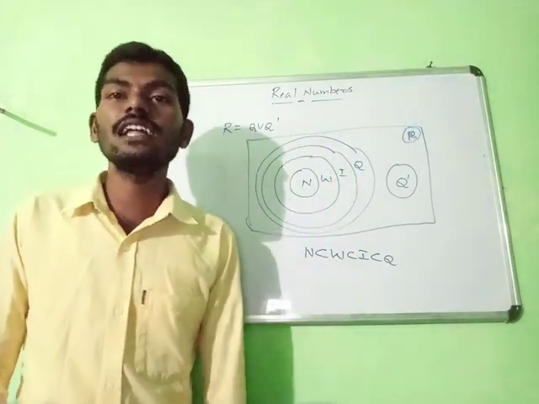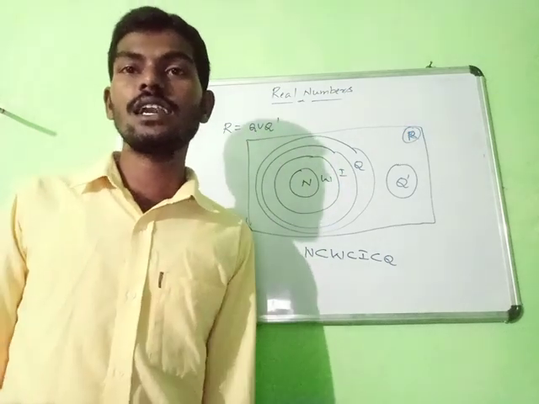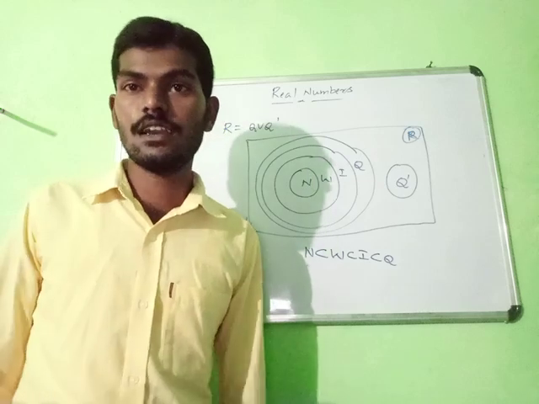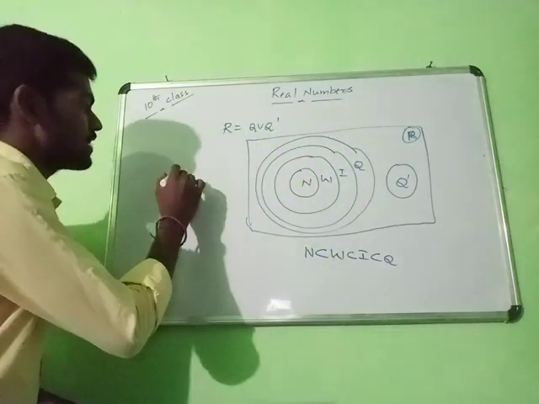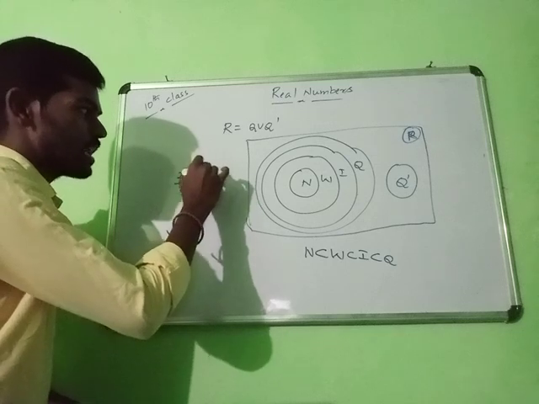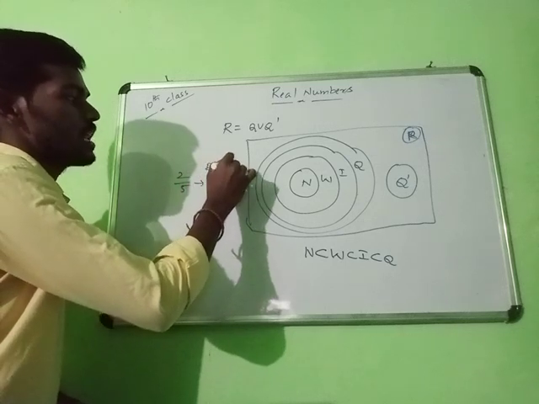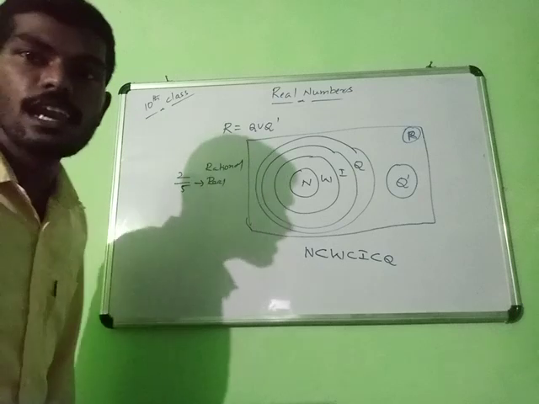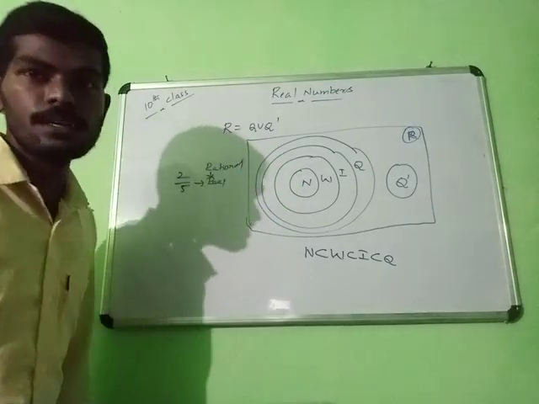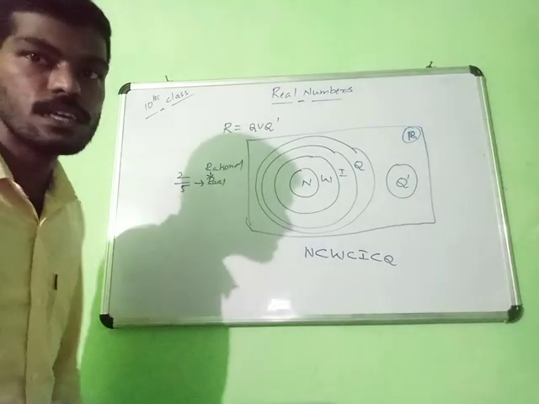But every real number need not be rational. Similarly, every real number need not be irrational. For example, take 2 by 5: it is a real number and also rational. So rational numbers are always real numbers.